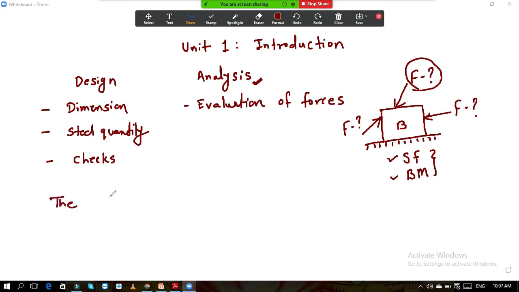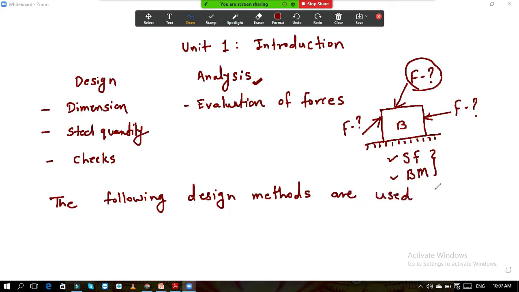See, there are some methods. The following design methods are used for design of RCC structures.